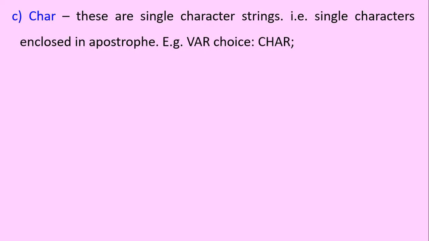These are single character strings, that is, single characters enclosed in apostrophes. For example, var choice colon char. This is a declaration statement. What it indicates is that we are setting a memory location aside called choice, whose content will be a character or a string of characters.